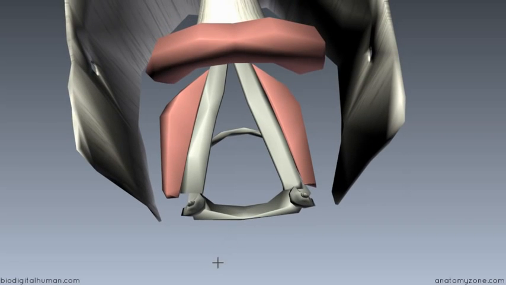It's going to pull the muscular process this direction, so it's going to internally rotate the arytenoid cartilages and close the rima glottidis. This results in adduction of the vocal cords, bringing the vocal cords together.